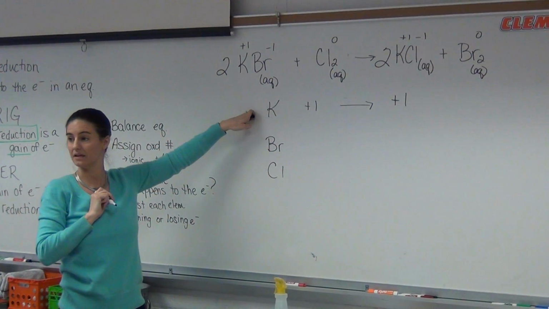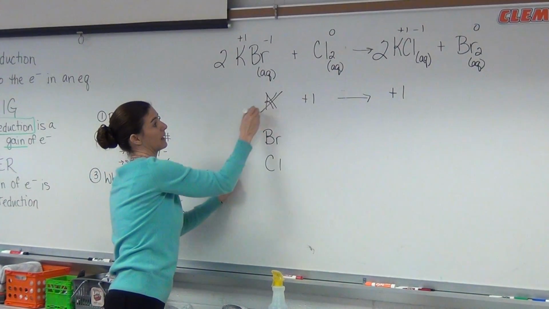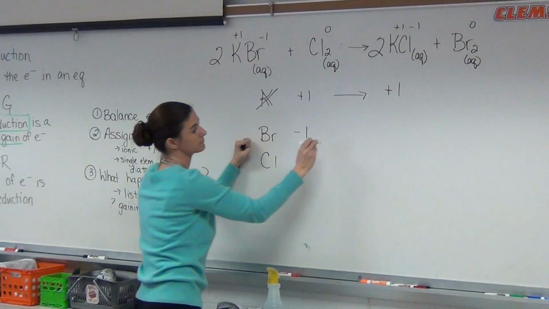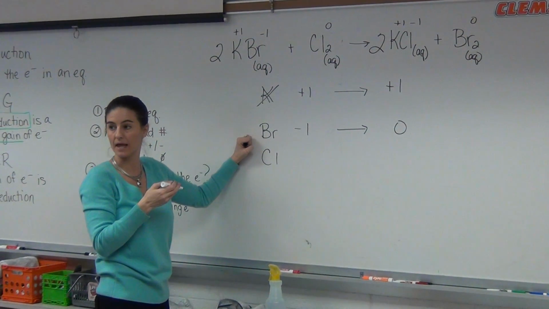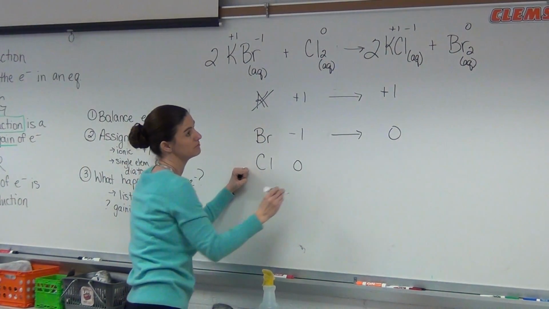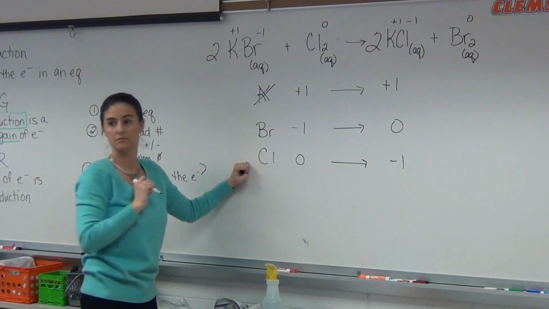So we can see nothing happened, right? So we can get rid of that guy. We're going to go with bromine. -1 all the way over to a 0. Something happened. Chlorine went from a 0 all the way over to a -1.